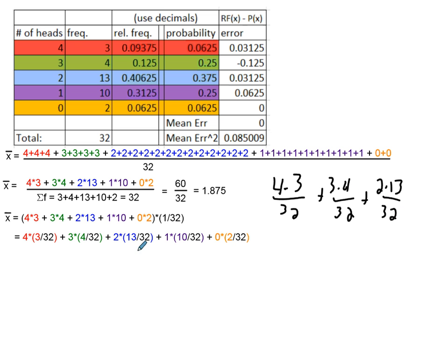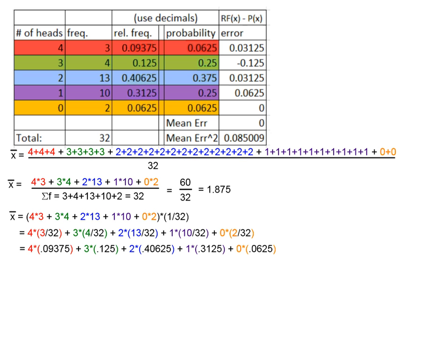That's what these terms are saying. Well, this 3 out of 32 and 4 out of 32 and 13 out of 32, we've already calculated. That's what the relative frequency is. The relative frequency is the frequency divided by n. So if we turn these into decimals, we get the same values we had up here for relative frequency.